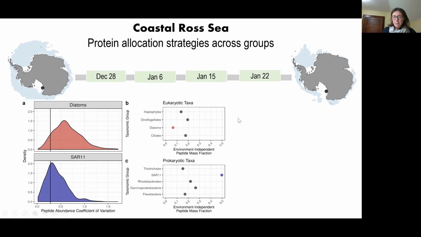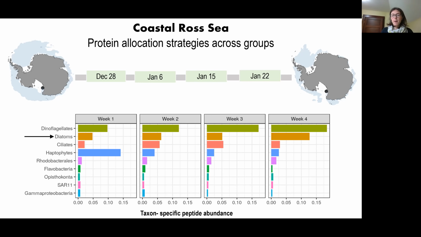So this led me to think about what are some other strategies that plankton can use to succeed in this environment. And so what I want to do now is compare the response that these diatoms have to the response of a very different type of plankton group, the SAR11 group here, which are important bacterioplankton.